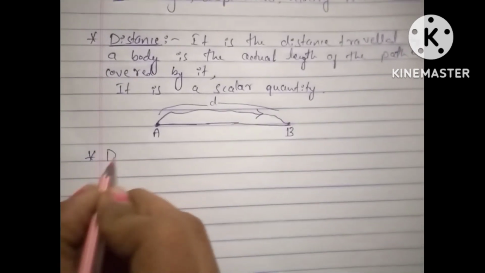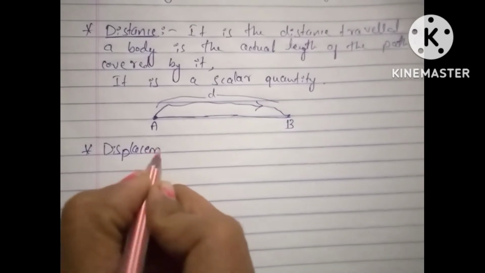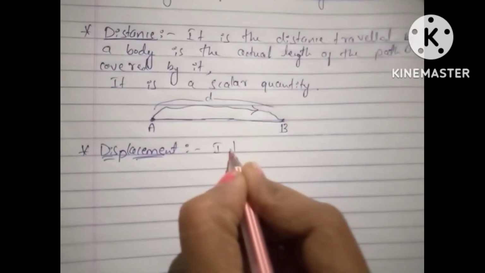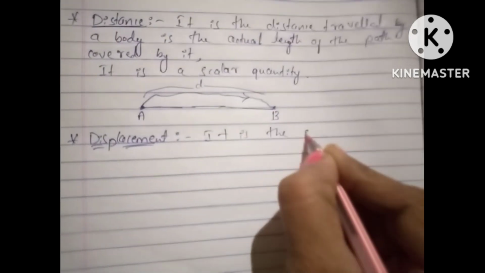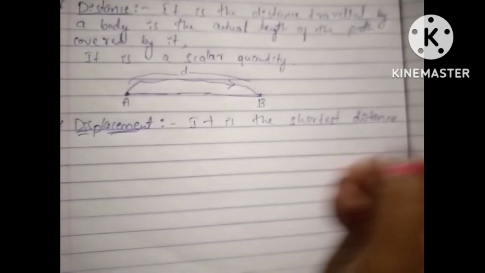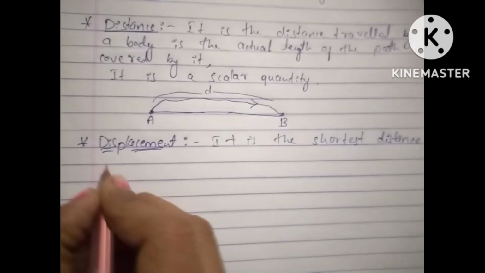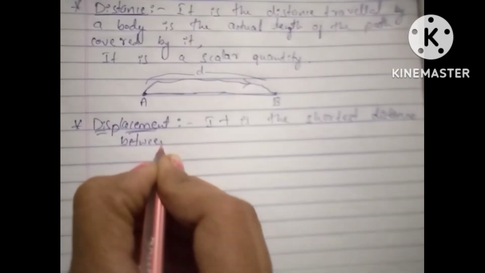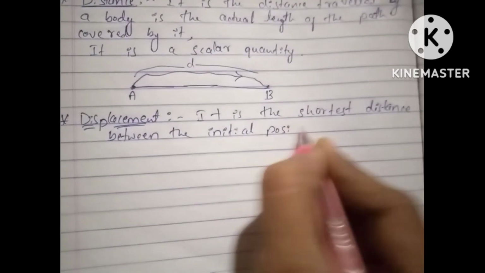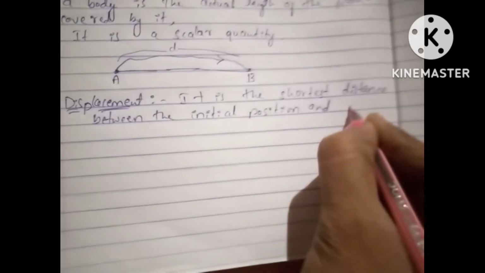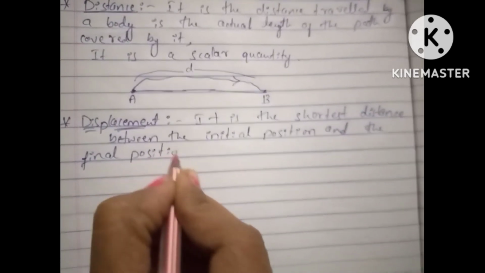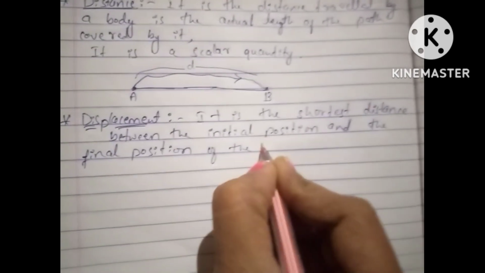Next one, displacement. Displacement is the shortest distance between the initial position and the final position of the body.